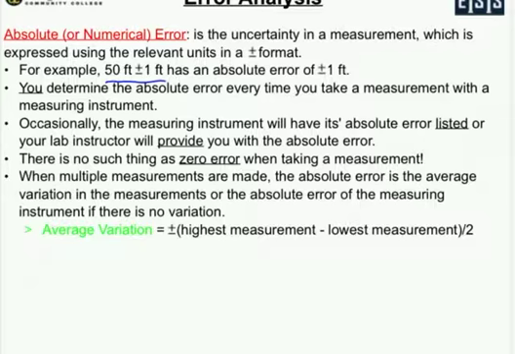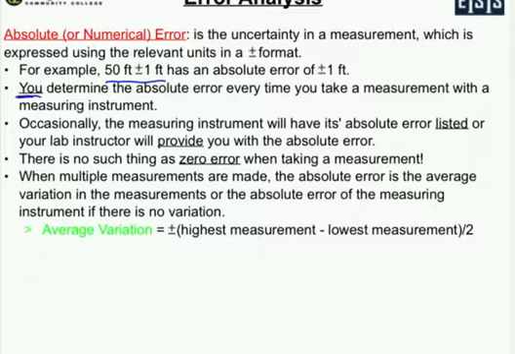So it's important to remember that you decide what the absolute error is every time you take a measurement with a measuring instrument. So if you're using a ruler and you measure something to be 13 inches or whatever, you need to also consider what accuracy or certainty you have in that measurement.